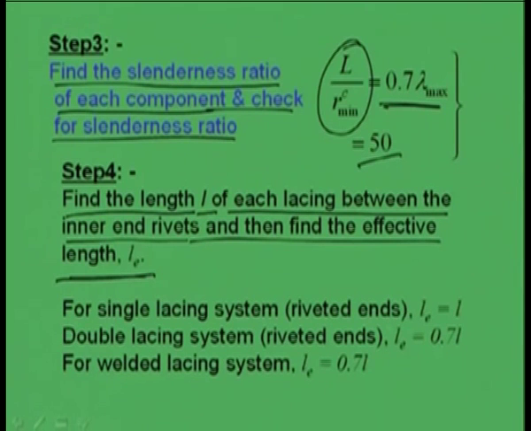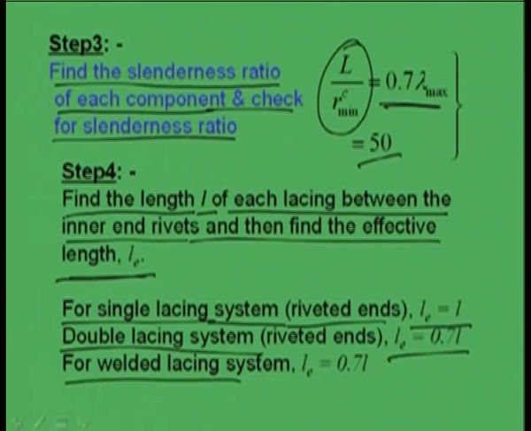The table says that for a single lacing system with riveted ends, effective length will be equal to l, for a double lacing system with riveted ends it will be 0.7 l, and for a welded system also it will be 0.7 l. So, the effective length LE can be found from this.